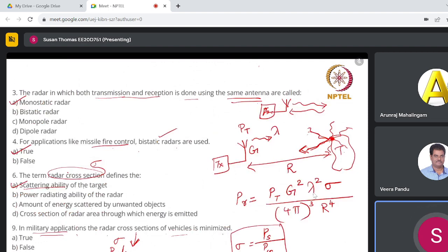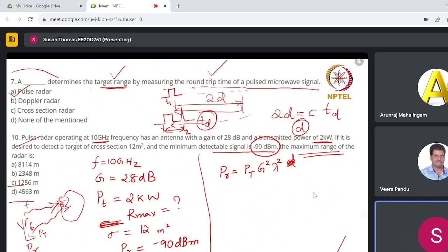In this equation, you know PR, PT, G, lambda, sigma. You are going to calculate R, the maximum range. The only point here is whatever is in dB has to be converted to linear so that you can use it in this equation.